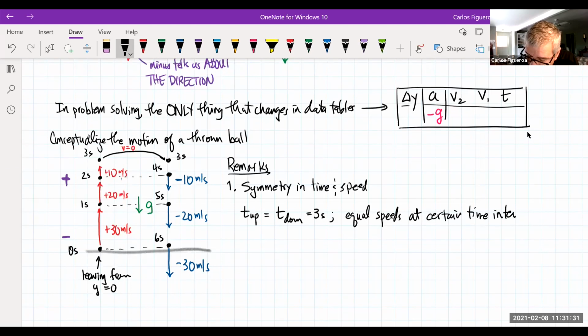There's probably a better way to say that. What I really mean is that from 3 seconds to 2 seconds, that's 1 second, and when you look at that, you could see that we have the same speeds. And here's another one: the acceleration is always constant.